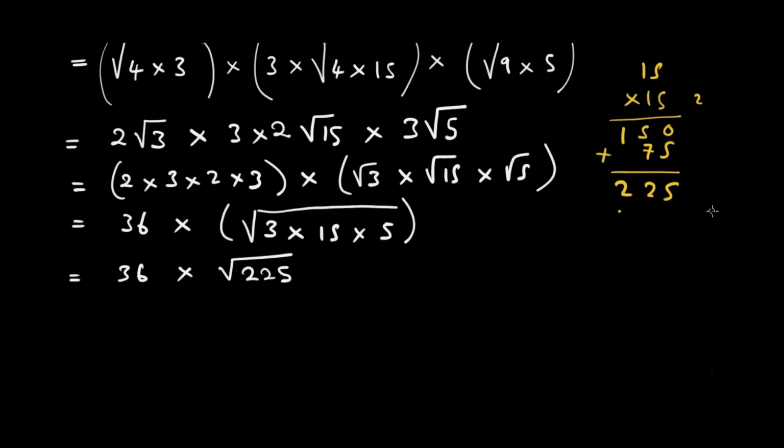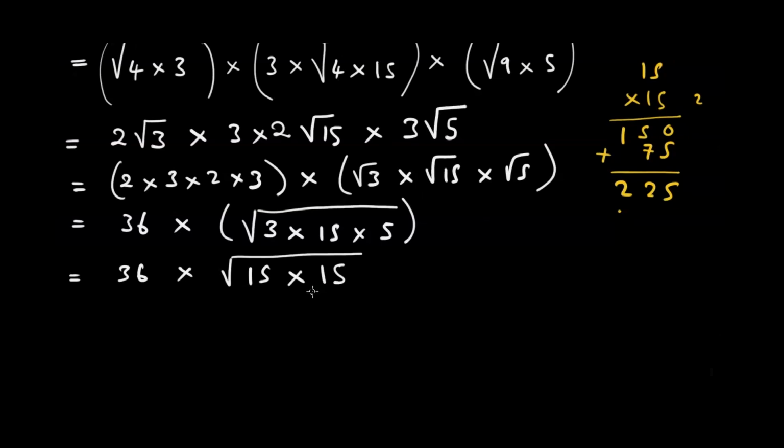And for that reason, instead of multiplying everything, this is actually genius. We saw that 5 times 3 is 15, so here we multiply the square root of 15 times 15, which is 225.